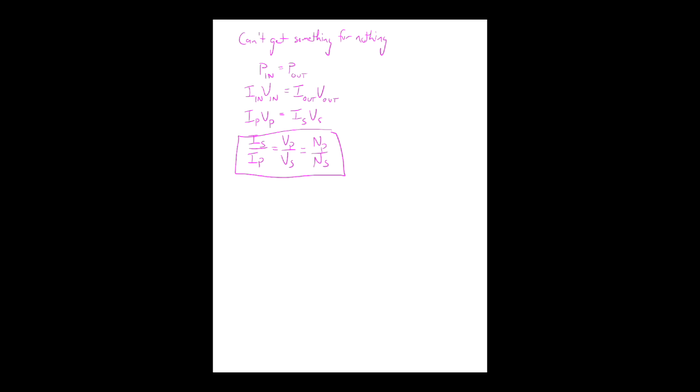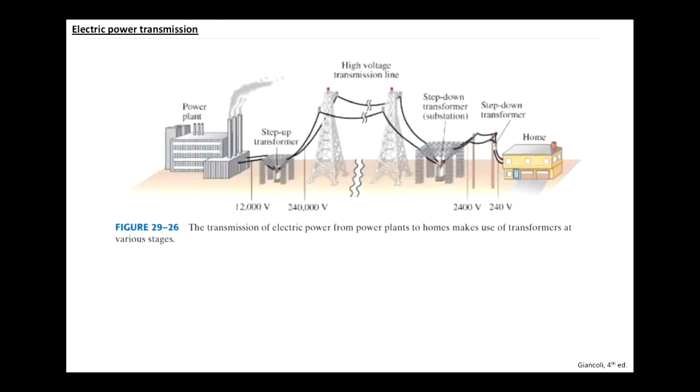So where does this come in handy? A couple of things. First of all, electric power transmission. If we want to get electricity from where it's generated to where we want to use it, say in our home, it turns out that often that is over many, many miles.